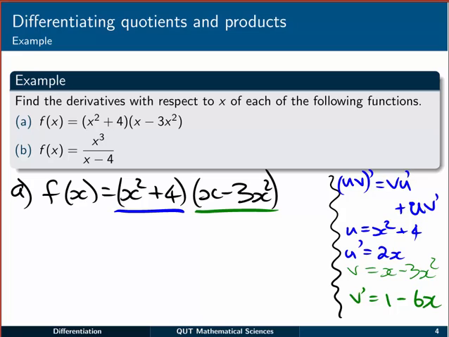So now we've got everything we need to plug those things back into the product rule and get the derivative of the function we're investigating.